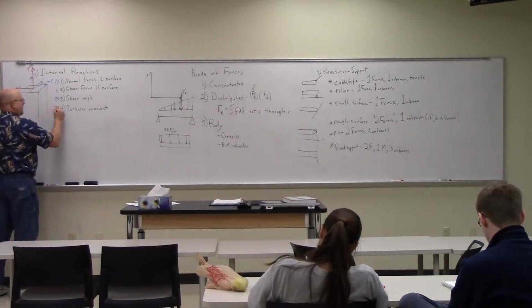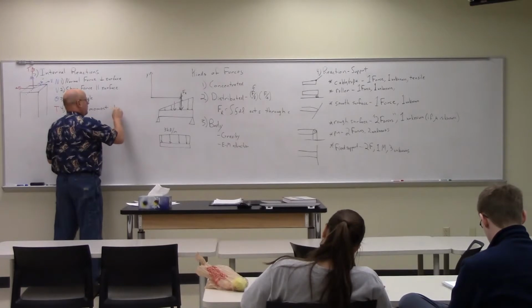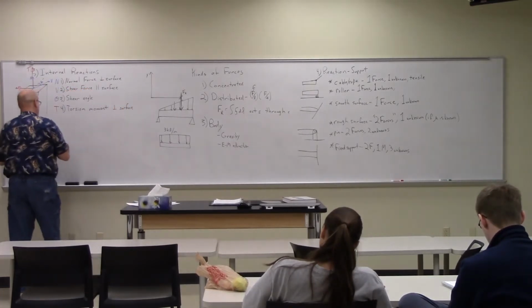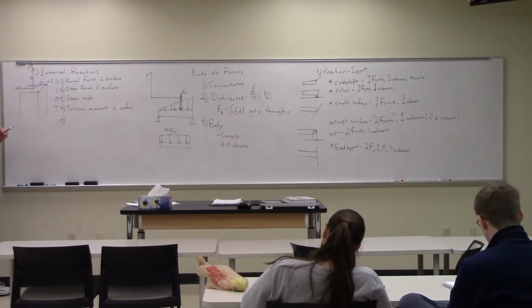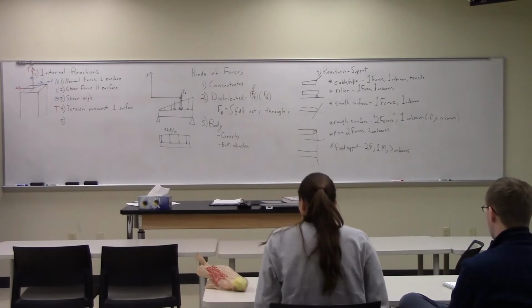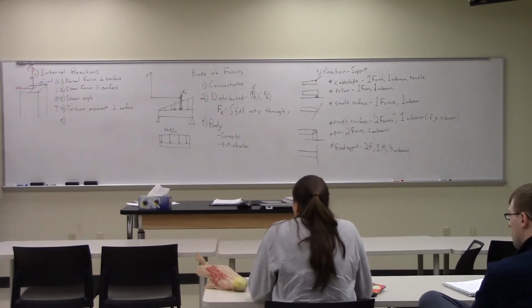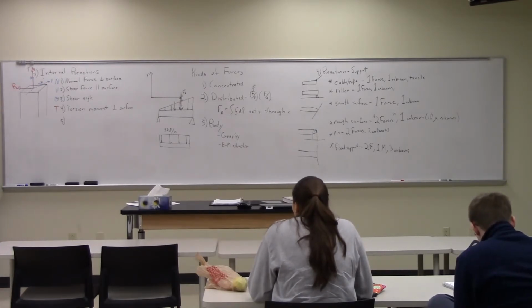Torsion moment is defined as a moment about an axis perpendicular to the surface. Then what's the other one called? That's the torsion moment. What's this one going to be? How else can we deform something by a bending moment? Very good. Do you guys remember the words torsion and bending from last year? Right? Okay.